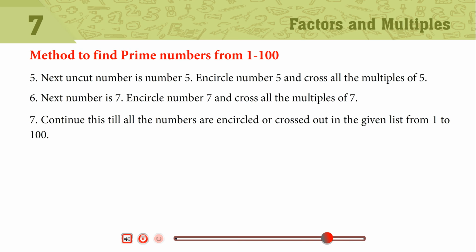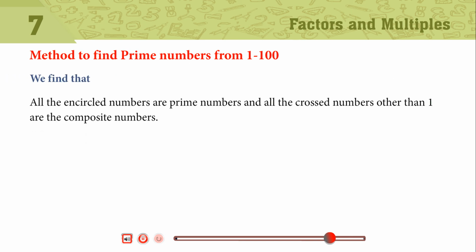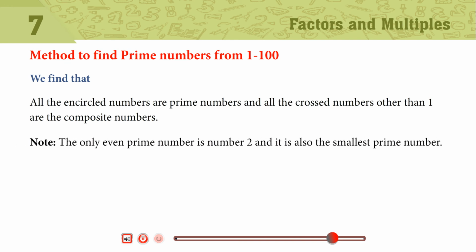Continue this till the numbers are encircled or crossed out in the given list from 1 to 100. We find that all the encircled numbers are prime numbers and all the crossed numbers other than 1 are composite numbers. Note, the only even prime number is number 2 and it is also the smallest prime number.